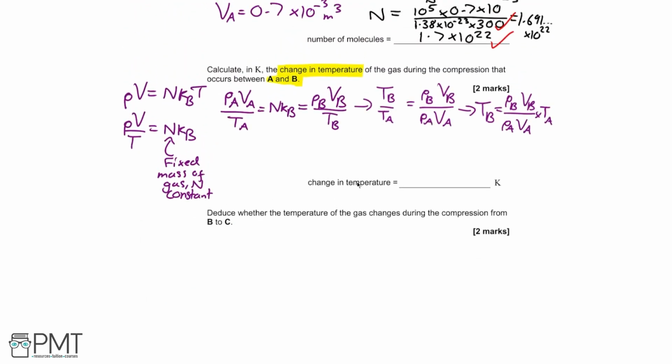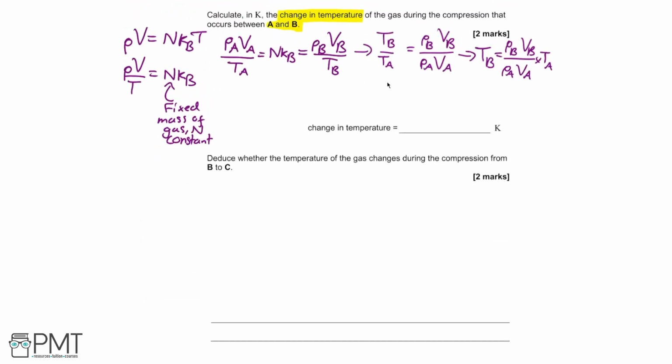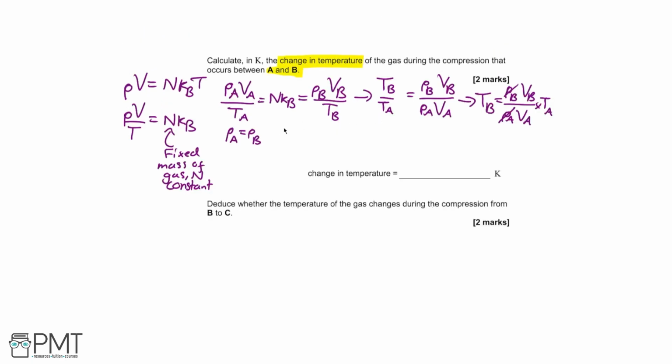Therefore, in this question, we could say that PA is equal to PB. So what that means is that in this equation, these two cancel. So we're left with TB is equal to VB over VA times TA.